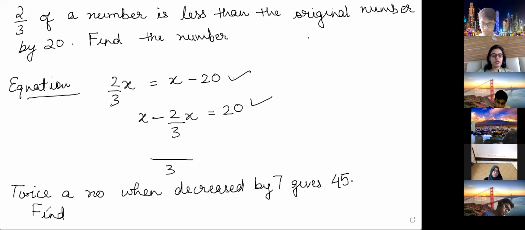Those who have done the previous question can start doing this one. Find the number. Okay, anyone else has given me the answer?